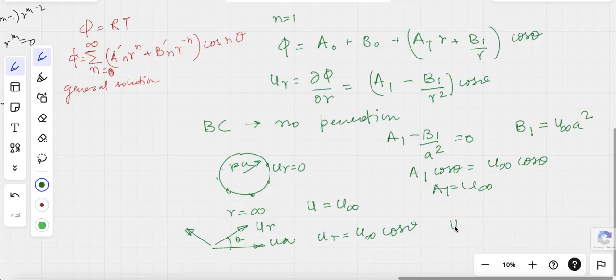So we have ur equal to u infinity times 1 minus a square by r square, cos theta.